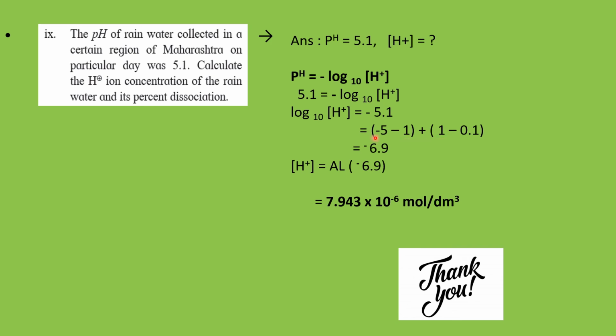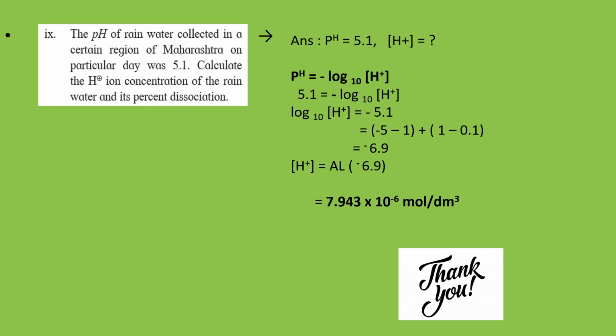That is minus 5 minus 1 plus 1 minus 0.1. Minus 5 minus 1 is bar 6. 1 minus 0.1 is 0.9. So now we can take the anti-logarithm of 0.9, and the anti-logarithm of bar 6 is 10 raised to minus 6. Therefore, the anti-logarithm of bar 6.9 is 7.943 into 10 raised to minus 6.